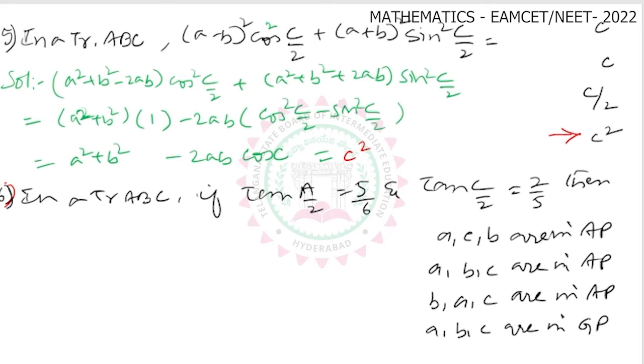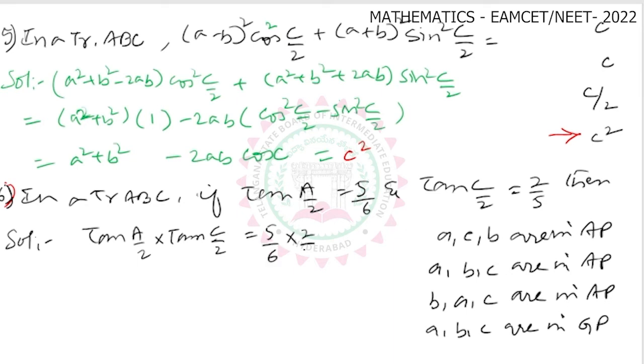So tan A by 2 into tan C by 2 is given. So we have to find the relation between them, right? Solution: tan A by 2 into tan C by 2 is equal to 5 by 6 into 2 by 5.